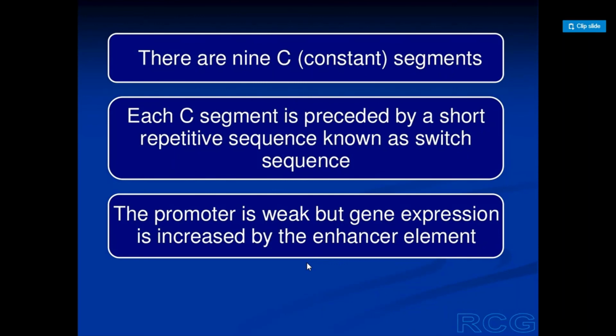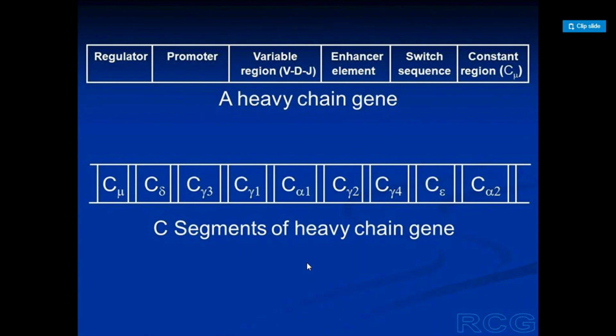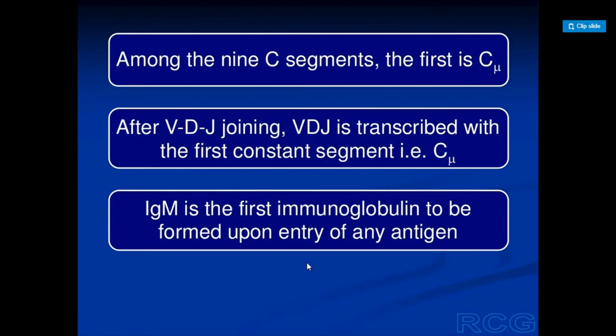The promoter is weak, but the gene expression is increased by the enhancer element. Here we can see the regulator, promoter, variable regions, enhancers, the switch sequences, and the constant regions for the heavy chain genes: mu, delta, epsilon, alpha, and the other different C segments for the heavy chain genes.